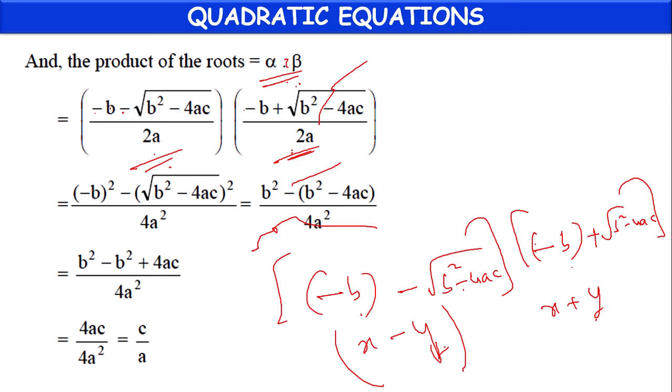So the numerator part, if you observe carefully, one is in the form of x minus y, another one is in the form of x plus y.